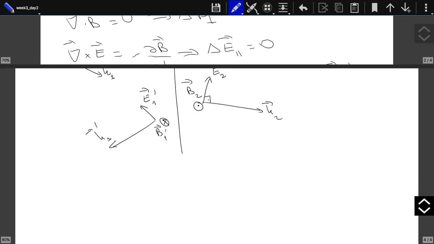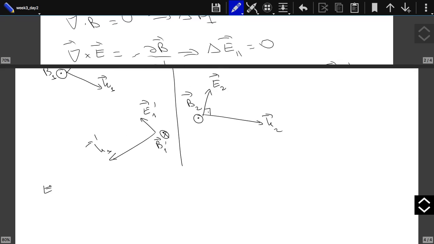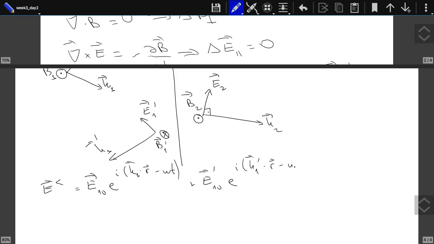Now, the total electric field on the left-hand side will be, let me use E10, whatever the direction is, times e to the power i(K1 dot r minus omega t), plus E10 prime e to the power i(K1 prime dot r minus omega t).